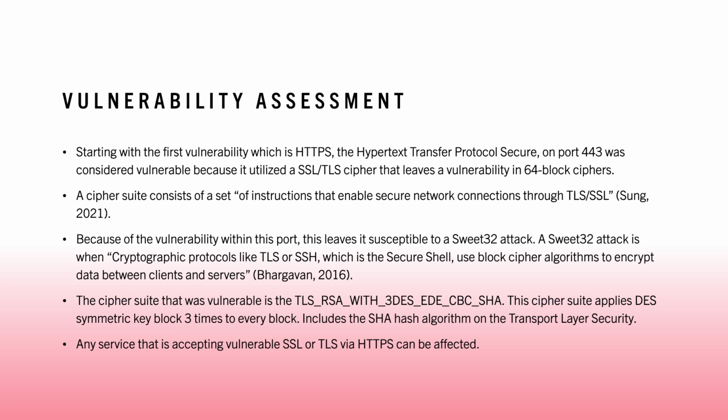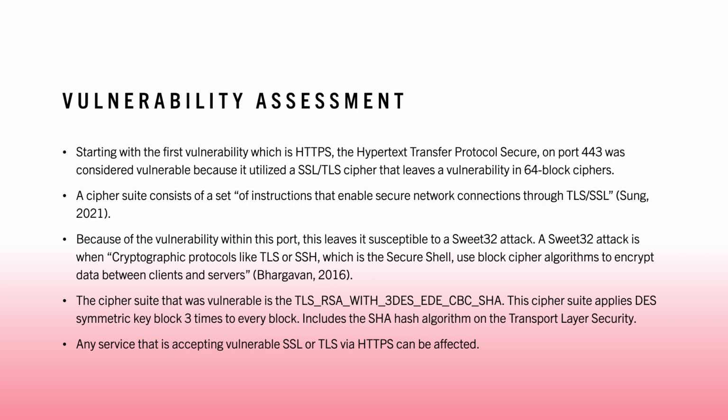Starting with the first vulnerability, HTTPS, the Hypertext Transfer Protocol Secure, on port 443 was considered vulnerable because it utilized an SSL or TLS cipher that leaves a vulnerability within 64-bit block ciphers. A cipher suite consists of a set of instructions that enable secure network connections through TLS, SSL.